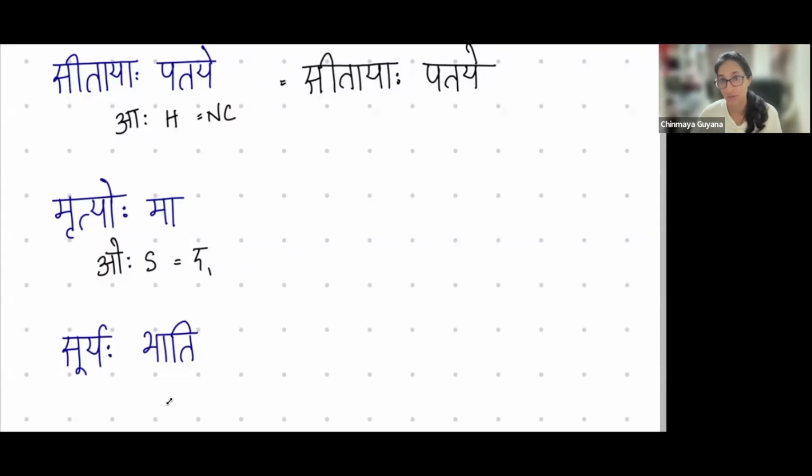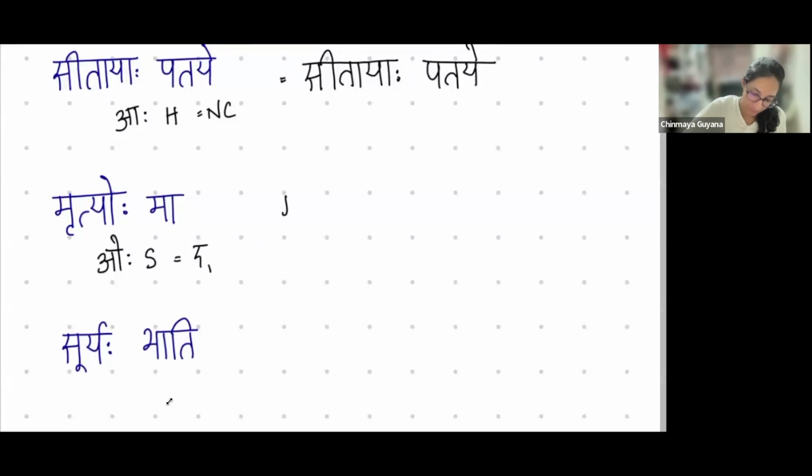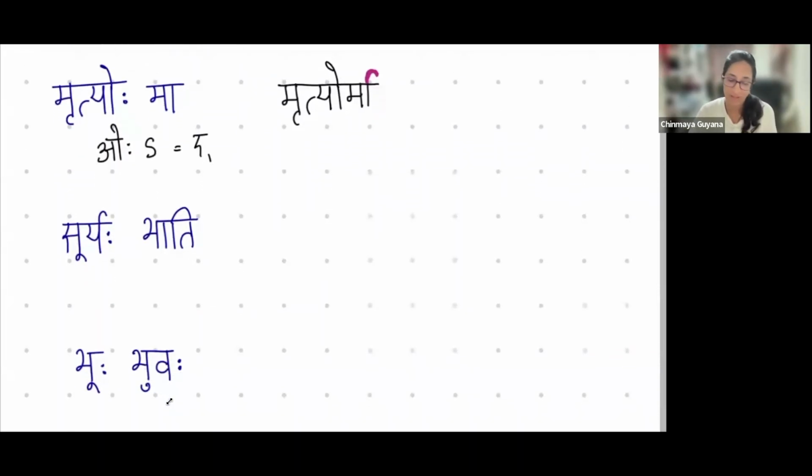And the only challenge here will be where to put the ra. So you watch out. Mrityo. Now you have to write the ma before you write the rahalant. Mrityo ma and the rahalant goes there at the end of the next syllable. Mrityor ma. Sounds familiar? Mrityor ma. Amritam gamaya. All these are things most people will know.